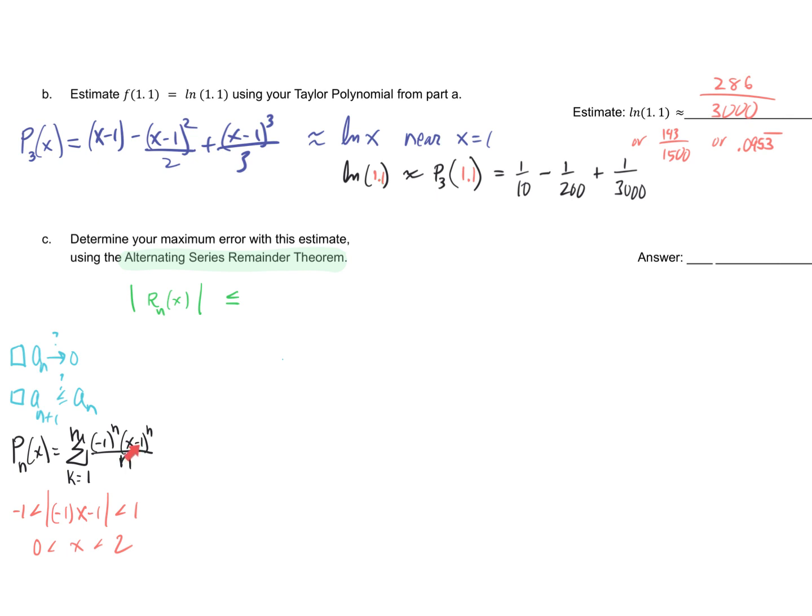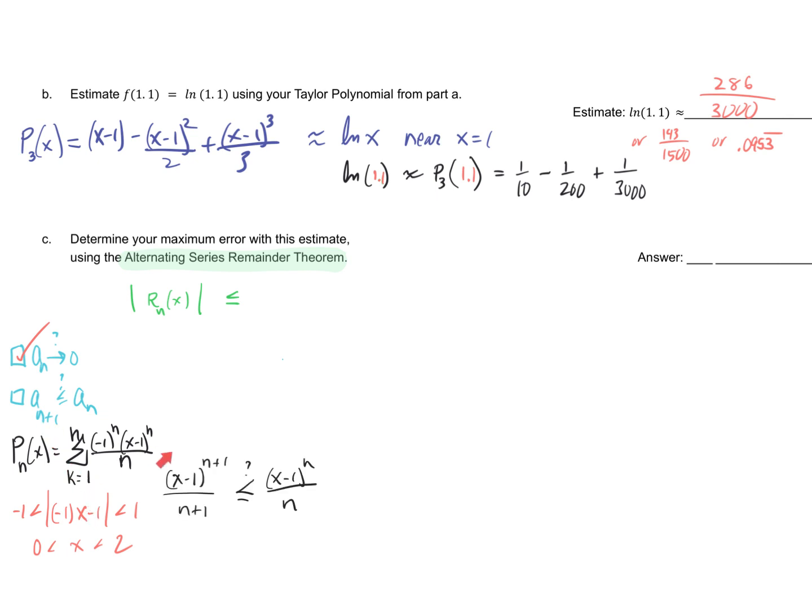If x is between 0 and 2, then this factor will be less than 1 to the nth power, bigger than negative 1, and as n approaches infinity, it is growing toward infinity, so we can check this box off. And what about this box?